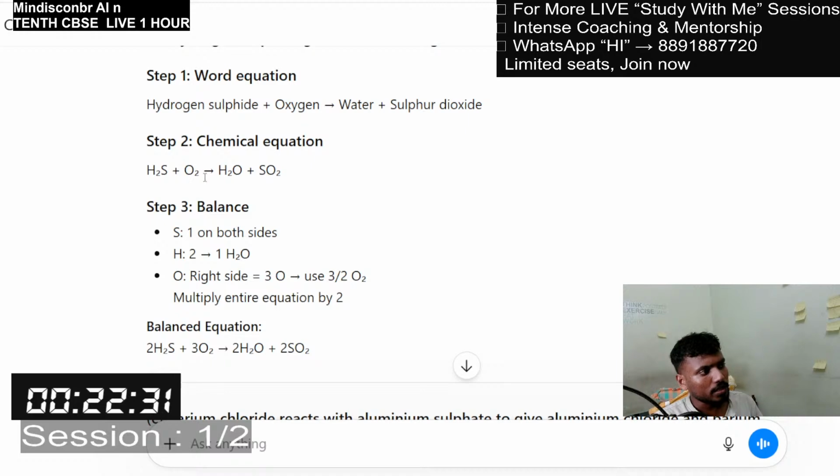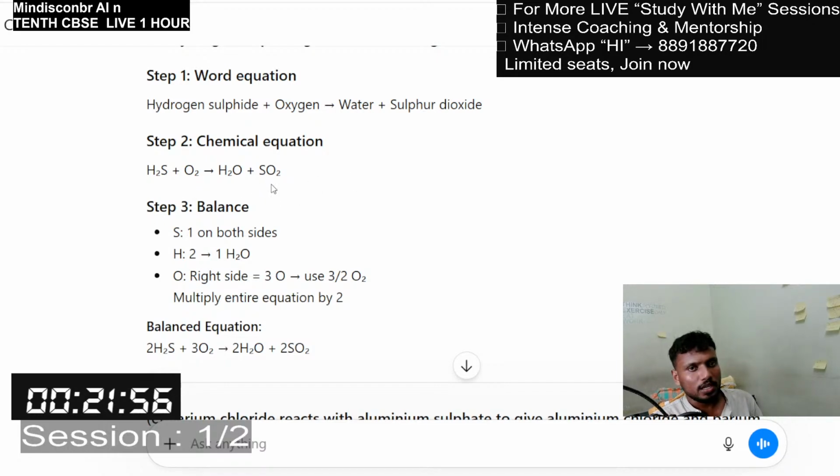Or we know that here we have 3 atoms of oxygen on the right, so here we have to get 3 oxygen atoms. To make 3 oxygen atoms, what can we do? We can use 1.5 O2. 1.5 O2 means 1.5 into 2, that means 3 oxygen atoms are developed. Since 1.5 is not an accurate coefficient, we can't write a reaction with fractions like that.